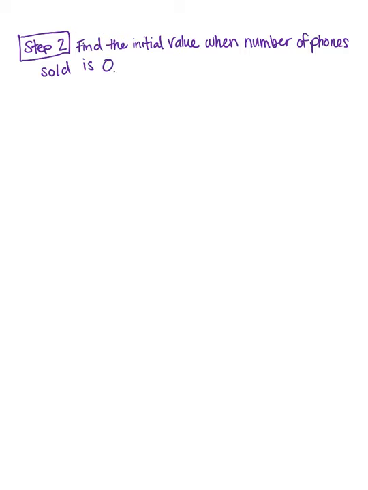Okay. So we're going to look at our data in our chart, and we're going to add 0 as the number of phones sold, and then we're going to work backwards.